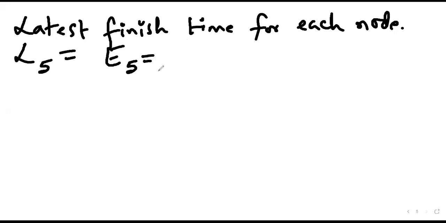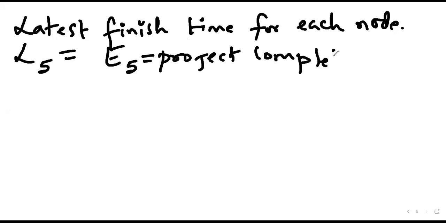That means L5 is equal to E5, which is equal to the project completion duration. So all mean the same. E5 was how much? 33. Correct.